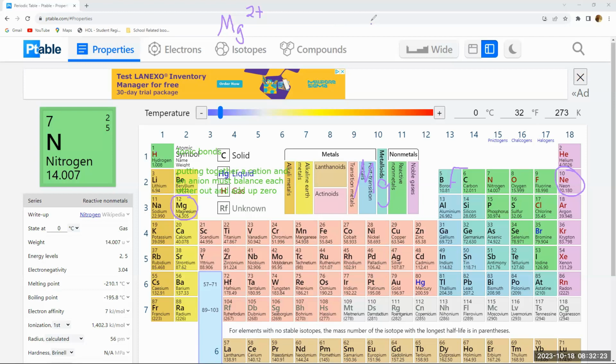What about fluorine? It's going to be a negative charge. Now, does 2 minus 1 equal 0?